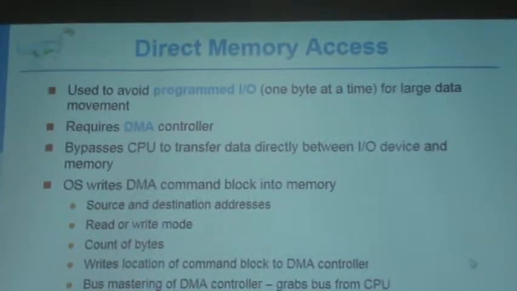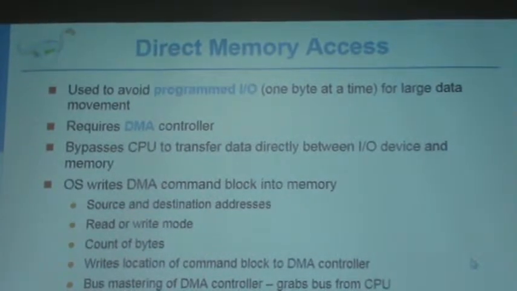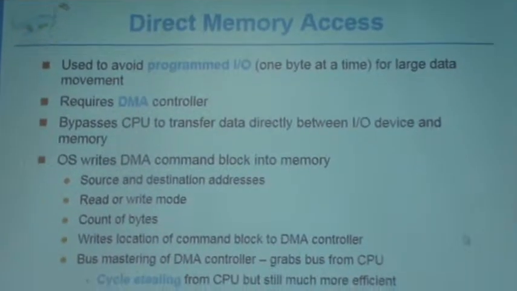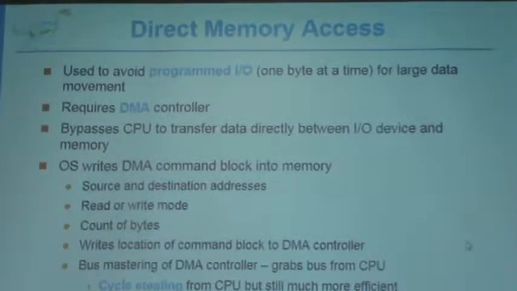Okay, so by the way, even if we use such an interrupt-based approach for the input and output rather than the direct instruction-based input and output, it is still slow. Why? Because whenever you read and write the data, you need to go through the CPU. The CPU should send an I/O instruction to the controller.